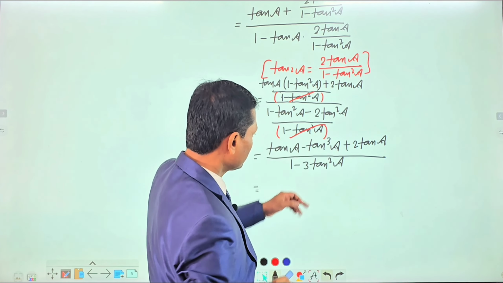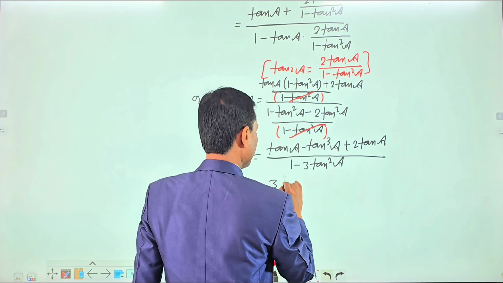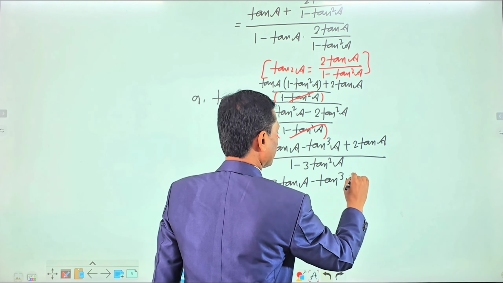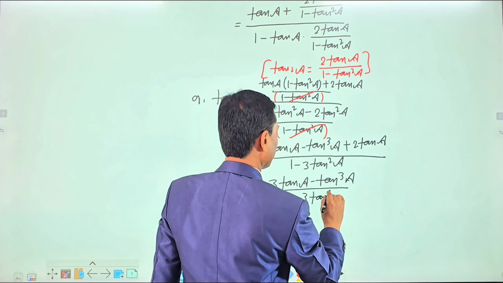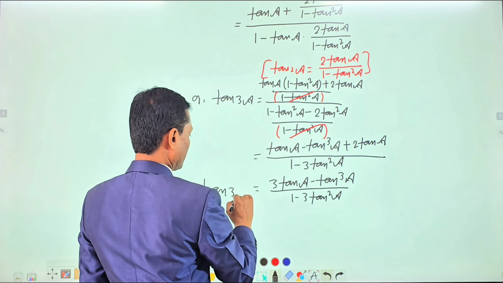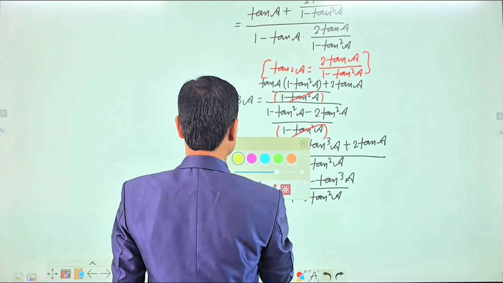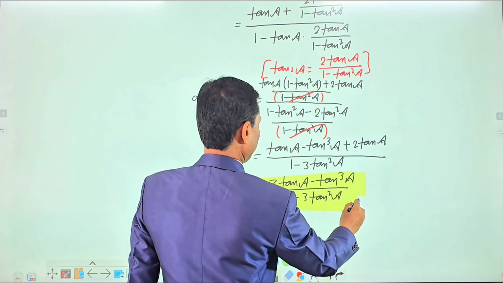And after that, here let's simplify. So tan a plus 2 tan a, that gives us 3 tan a minus tan cube a over 1 minus 3 tan square a, and that's the formula of tan 3a, isn't it? So not to forget that this is the formula of tan 3a. So we have here tan 3a, isn't it?